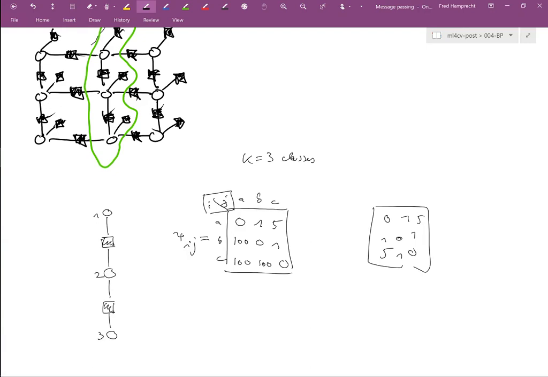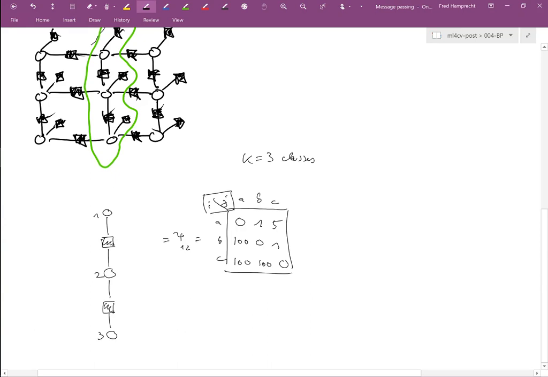And also the rows of the matrix are the rows of the structure. So this is psi ij for i and j being neighbors in the graph. In this case, this is psi 1, 2.